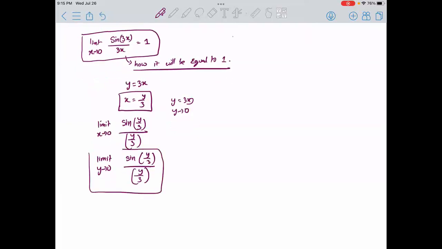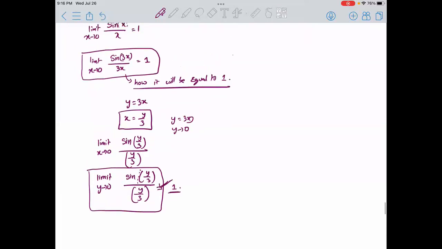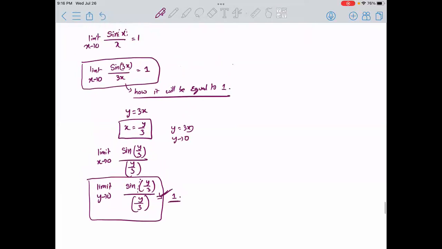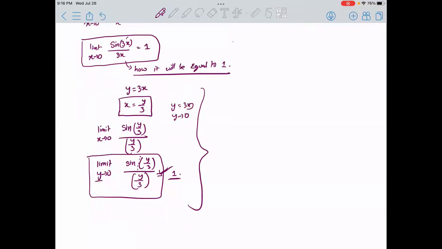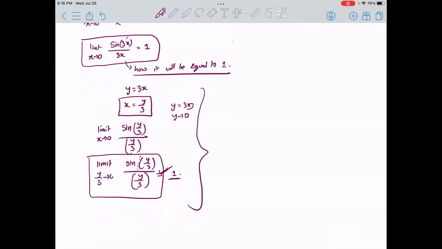So it is in the same form, the same thing. As it is in the same form, you can put 1, and for the original equation, sine 3x by 3x, the form is the same too. I wanted to explain how the mathematics arrives at this. X equals y by 3, so y by 3 tends to 0.